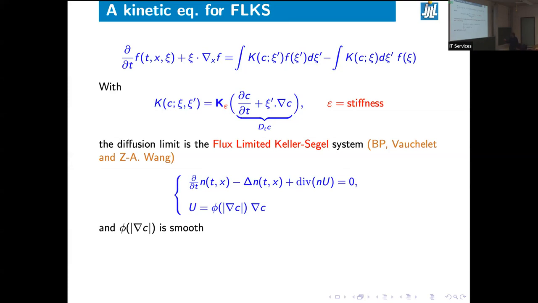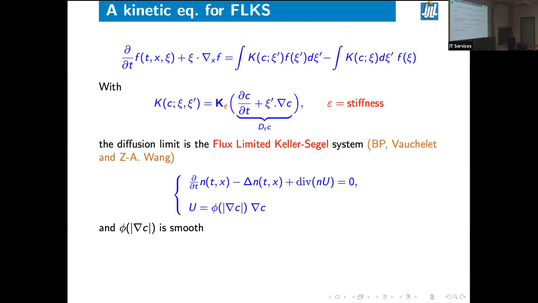And you can use this parameter epsilon to rescale the equation in the diffusion limit. And if you do that, and I will not go further on that, what you obtain is a flux-limited Keller-Segel equation, where the phi now depends on the K by a very simple rule, and it is smooth.